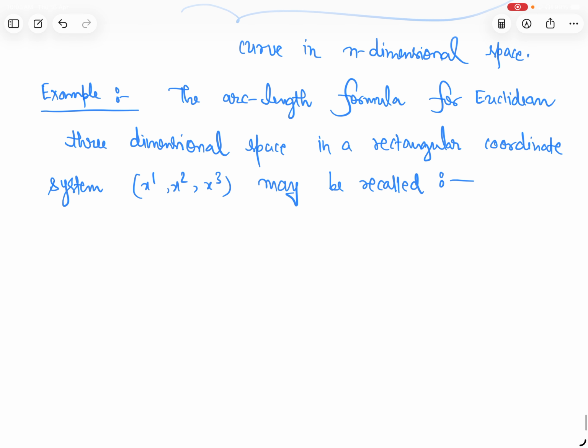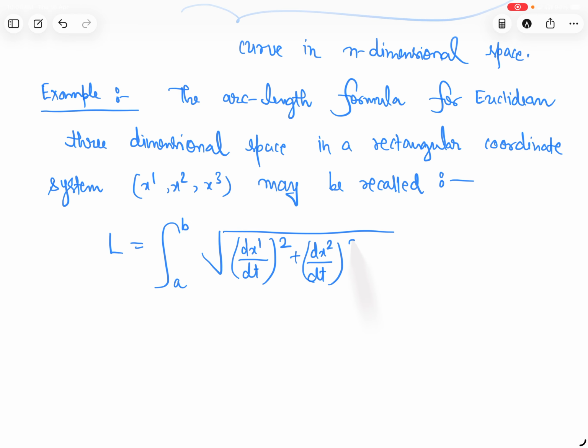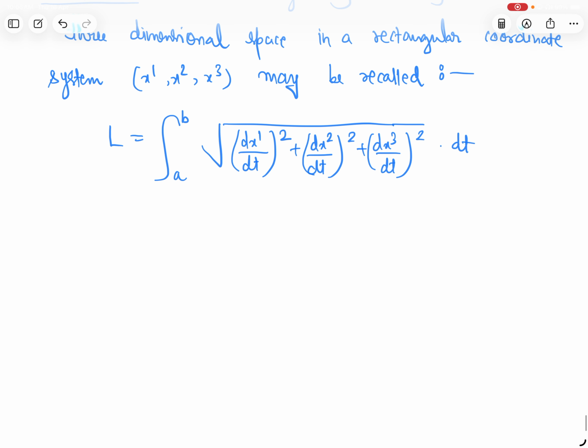The arc length formula, L, the length of a curve, is given this way: the integral from A to B of the square root of (dx1/dt, the derivative of x1 with respect to t) squared plus (dx2/dt) squared plus (dx3/dt) squared, dt. Okay. So the inside thing can be written this way also.